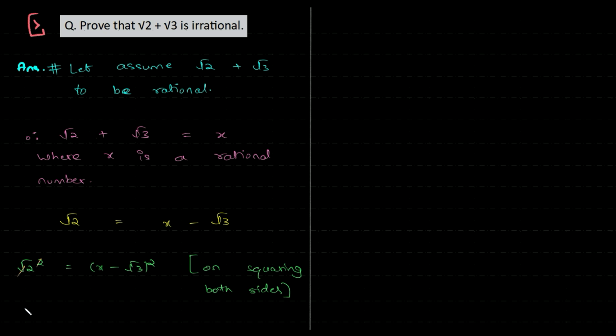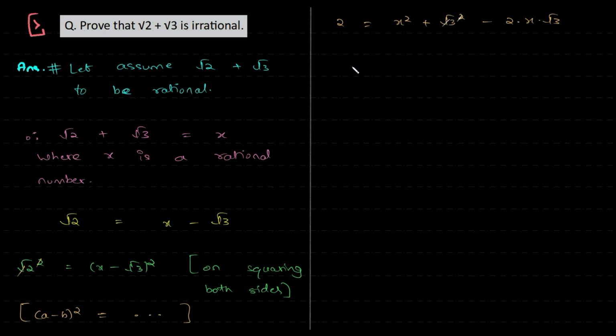Okay, and on the RHS we have the (a minus b) the whole squared identity to be used. I'm not going to expand it; you guys have to remember. So 2 is equal to x squared plus root 3 squared minus 2 into x into root 3. Here too we have the root and the square getting cancelled, right?